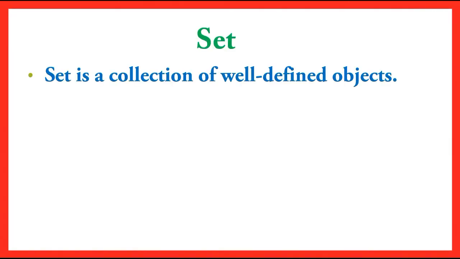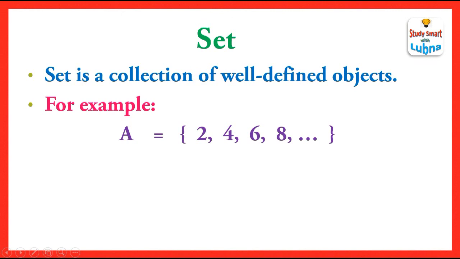Set. What is a set? A set is a collection of well-defined objects. For example, here the set A is given and the elements of set A are 2, 4, 6, 8. This is a set of even numbers where A represents the set name.